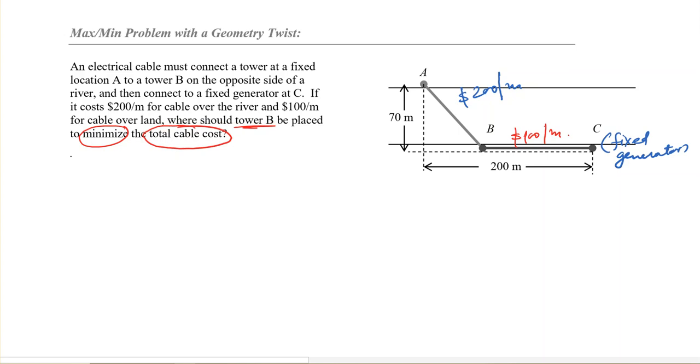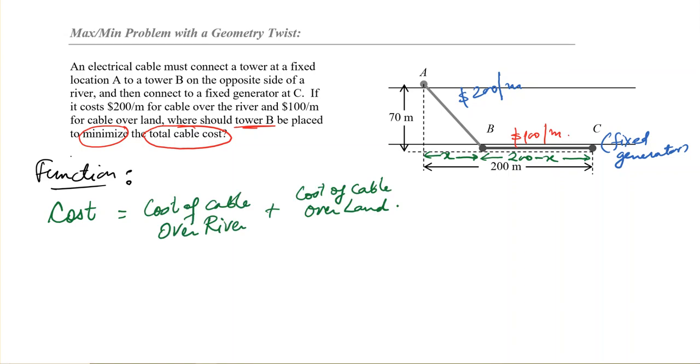All right, so first thing is we need to define our function. Let's say this is x, and then this distance would be 200 minus x because the total is 200. And our function will be in terms of x. So the total cost of the cable would be the cost of cable over the river plus cost of cable over land.